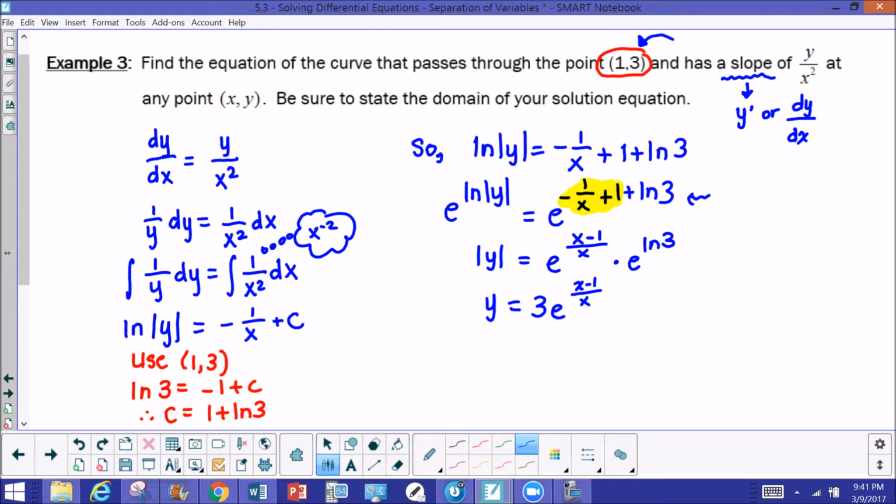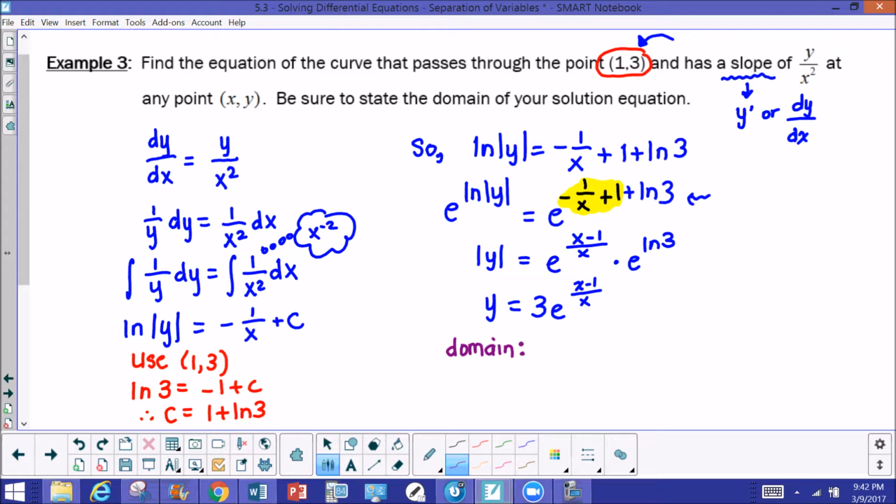Now, as far as what is the domain of this particular solution, if we look at this a little bit carefully, we'll just ask ourselves, what are the kinds of things that we would not be allowed to plug in for x? Well, it seems like if we were to plug in numbers like a 0, that could be a big problem because we'd have a 0 denominator.